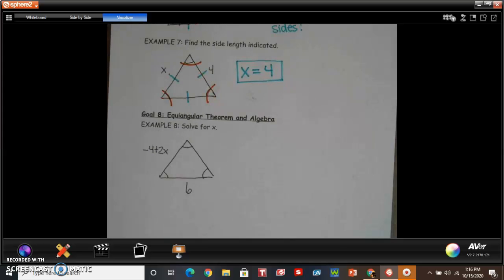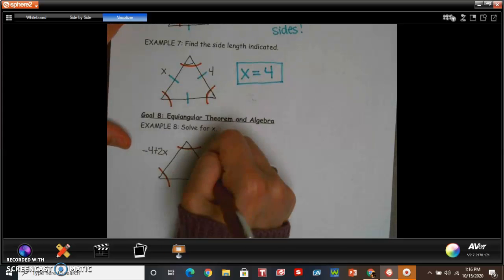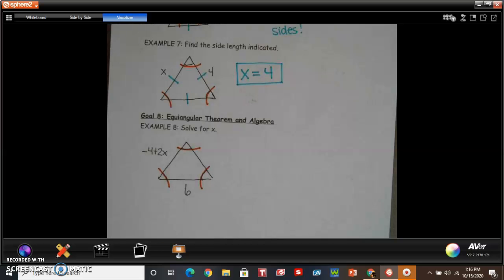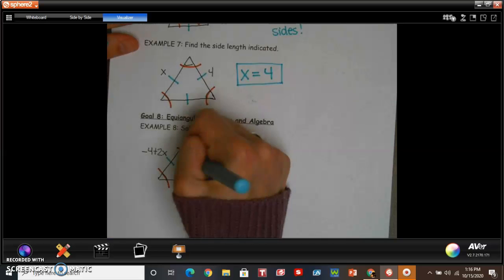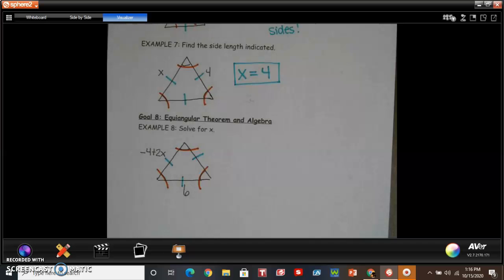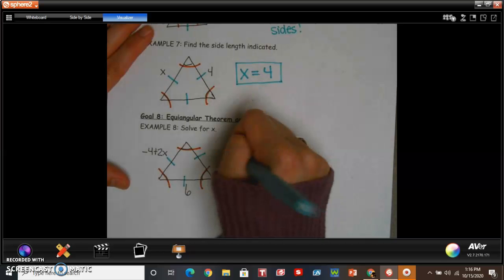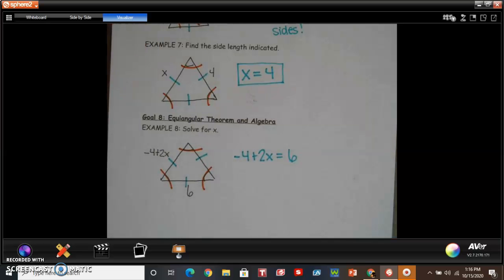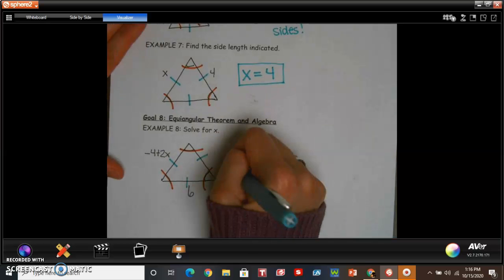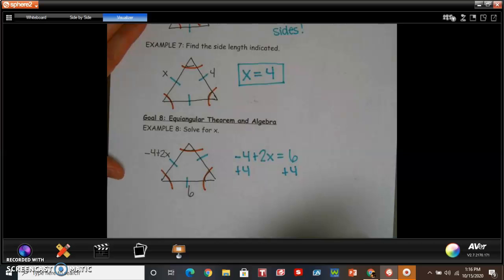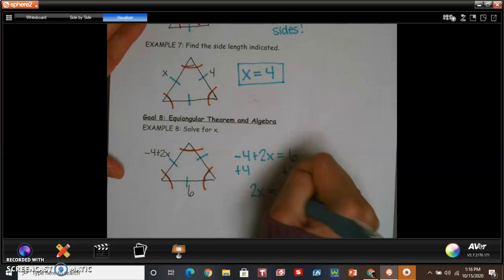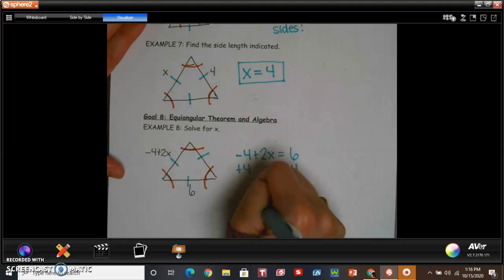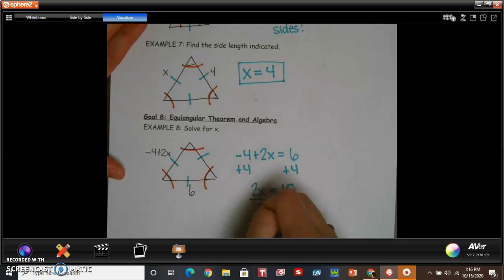They're telling us here that we have 3 congruent angles, which means we also have 3 congruent sides. So that means -4 plus 2x equals 6, and we can solve for x. We'll add 4, which gives us 2x equals 10. Divide by 2, we get x equals 5.